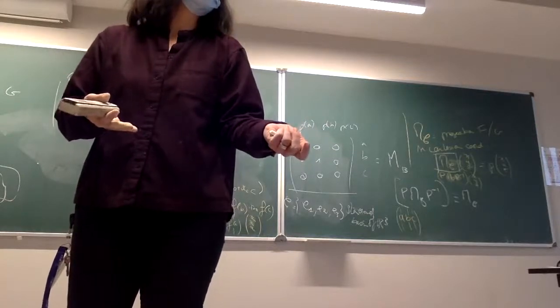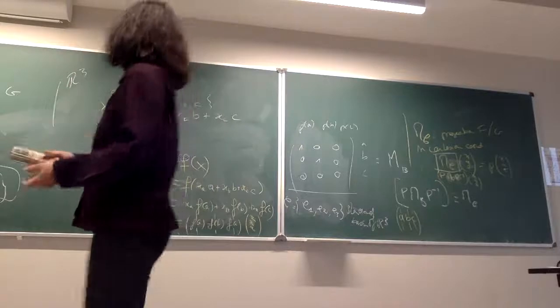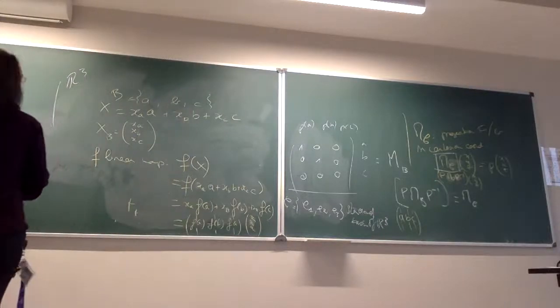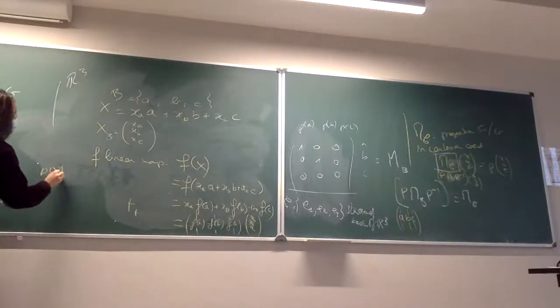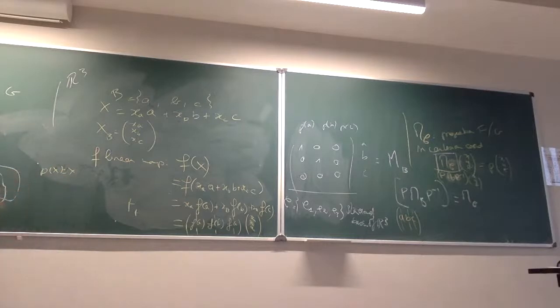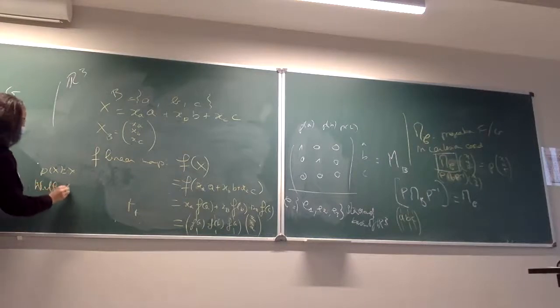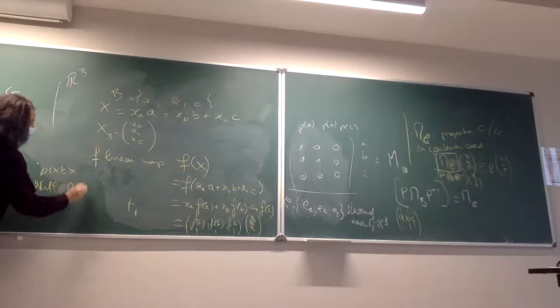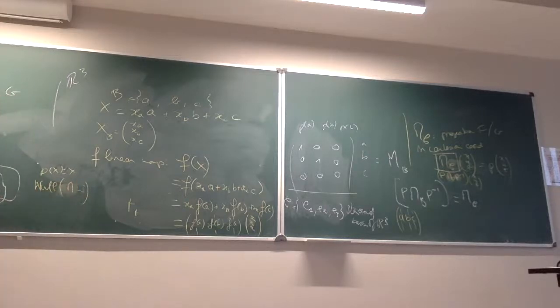You're looking for something that is going to solve P of x equal to x. That means these are all the items that belong to your space F. So you're looking for the null space of P minus identity.